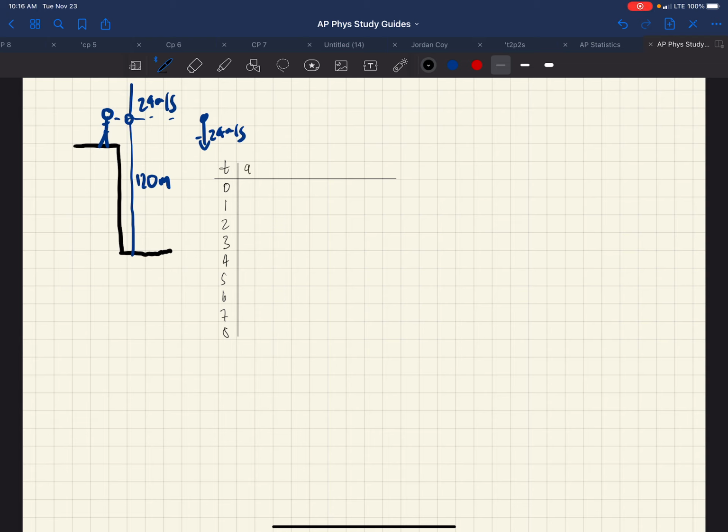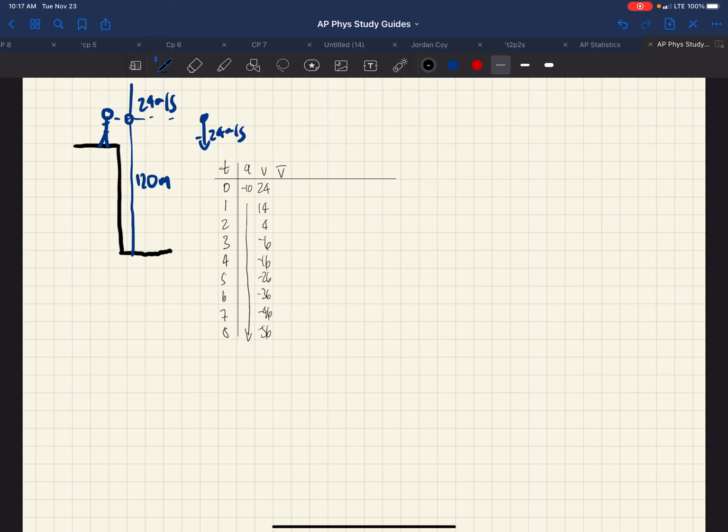We have our acceleration, which is minus 10, all the way down. We have our instantaneous velocity, which is 24. It's decreasing by 10, so 14, 4, minus 6, minus 16, minus 26, minus 36, minus 46, minus 56.